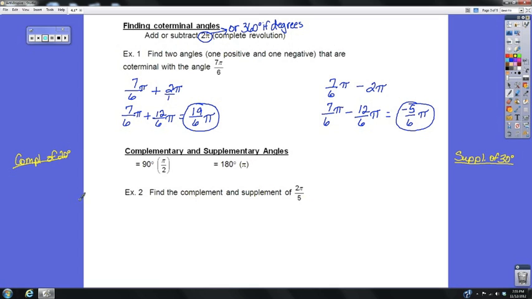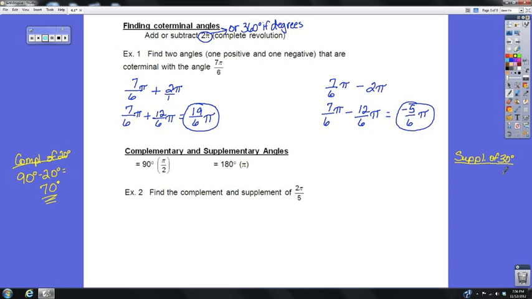Complement and supplement. If you want to find the complement of 20, complementary means 90 degrees, so you would say 90 minus 20 would equal 70 degrees. Right, so the complement of 20 would be 70.